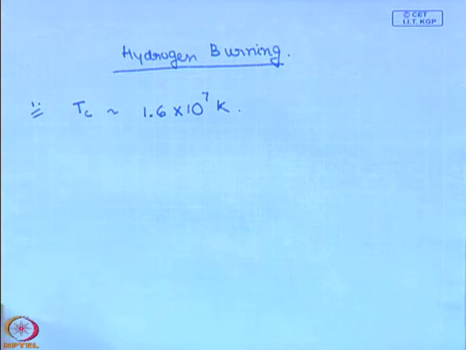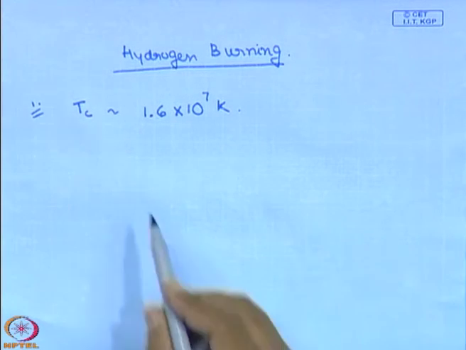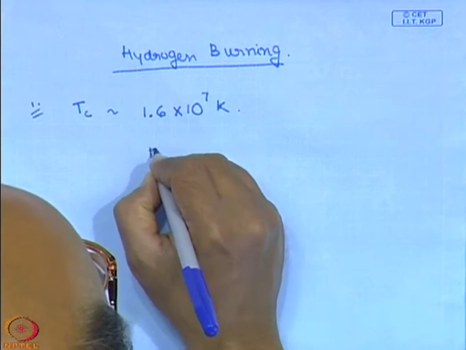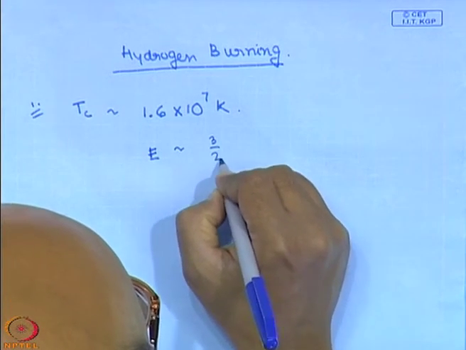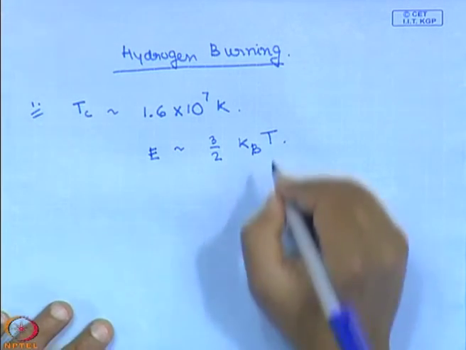So, let us estimate the average energy of a particle, of a proton at this temperature. We know from kinetic theory that the typical kinetic energy of such a particle is of the order of 3 by 2 the Boltzmann factor into the temperature.